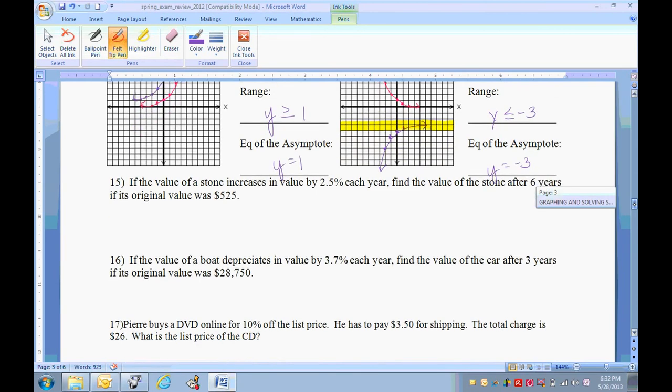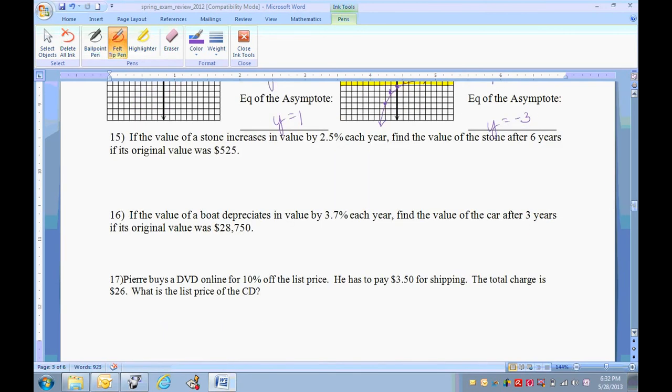Okay, let's move on to number 15. It says if the value of a stone increases in value by 2.5% each year, find the value of the stone after 6 years. Well, we're going to use our exponential growth formula, which is A equals P times 1 plus r raised to the t. P is the principal amount, the original value, which is $525.